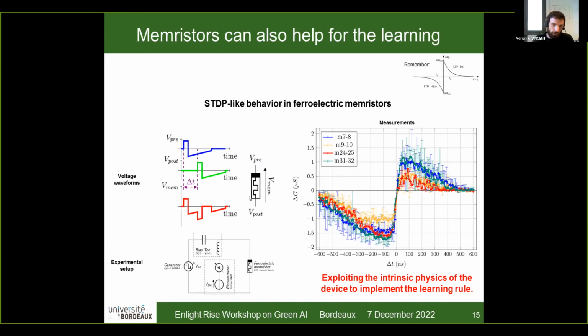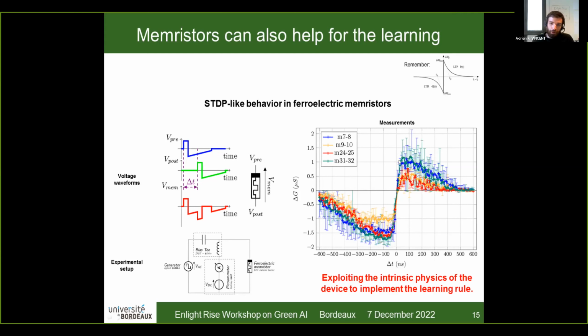The idea is that if you take a memristor and apply, as presynaptic or postsynaptic input or output, well-designed voltage waveforms with a given difference in time between those two, you can retrieve what's plotted on the right, where you have the conductance change versus the time difference between those two waveforms. You can have curves that are reminiscent of the spike-timing-dependent plasticity learning rule that we were discussing before, but that's directly done in hardware.